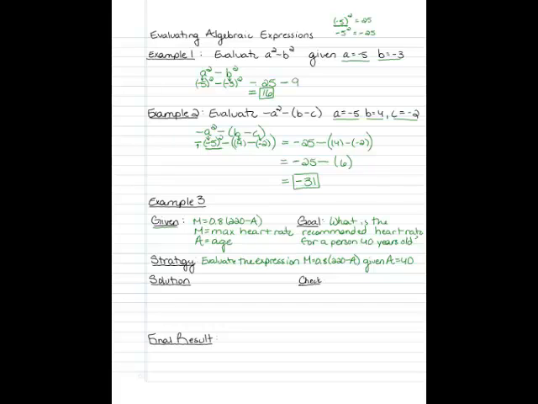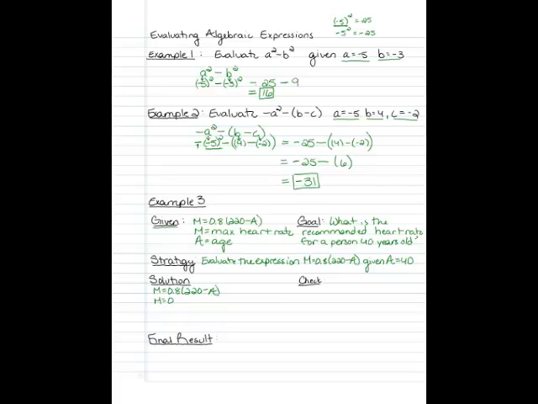Now, to solve this, we simply evaluate the expression for the given value. So down here, I'm just going to copy down m is equal to 0.8 times (220 minus a), and replace a with 40.